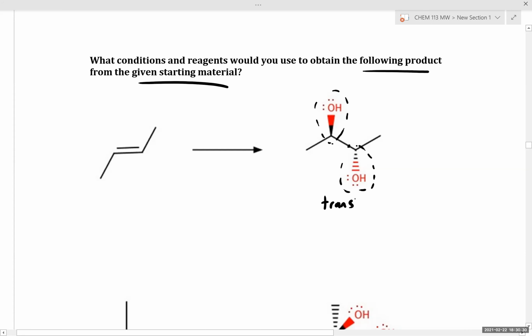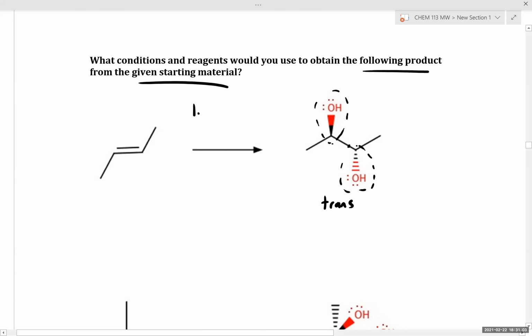So then, what methods do we have at our disposal to make a trans diol? Acid catalyzed epoxide opening, or we can use base catalyzed epoxide opening. Both methods would work.